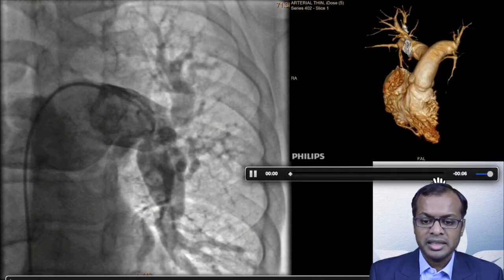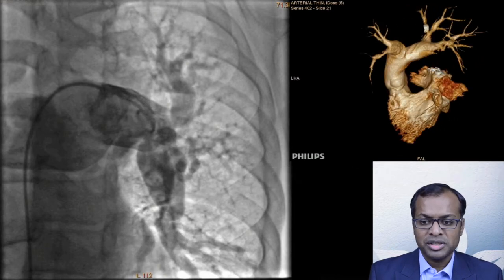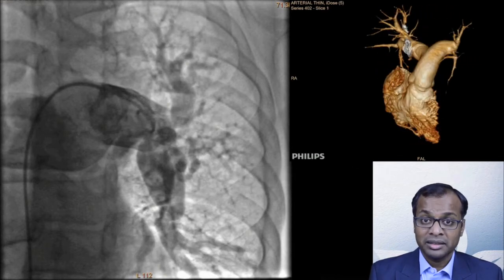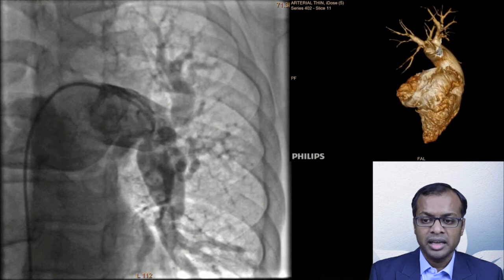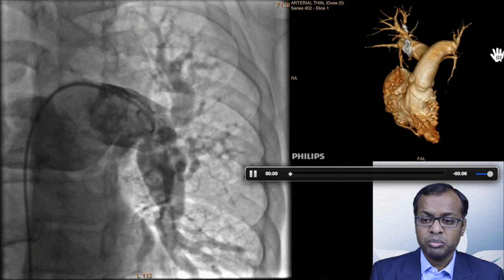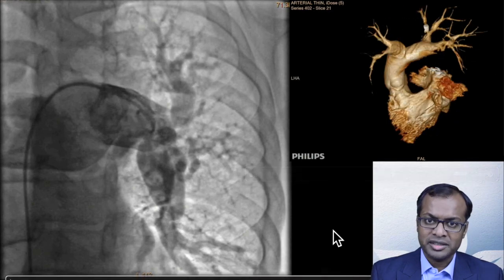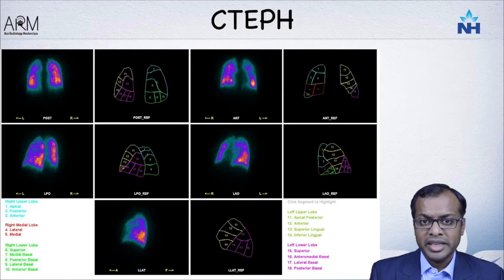Again, CT is also useful to recreate such similar images where you can see in a 3D reconstructed data that there are webs and flaps with very poor flow in the distal pulmonary arteries in these patients. VQ scan or ventilation perfusion scan are also extremely useful, especially in patients who have distal disease.